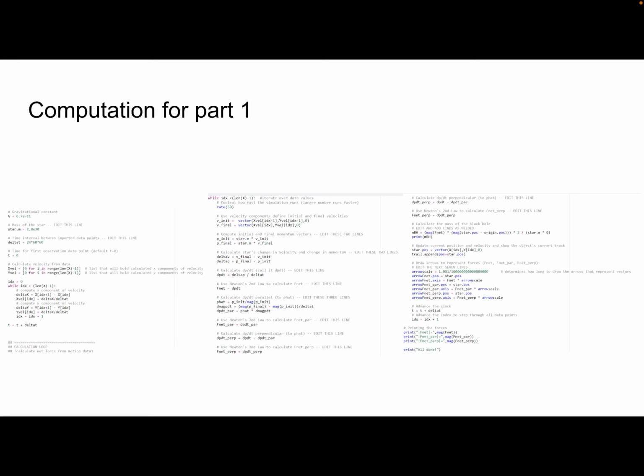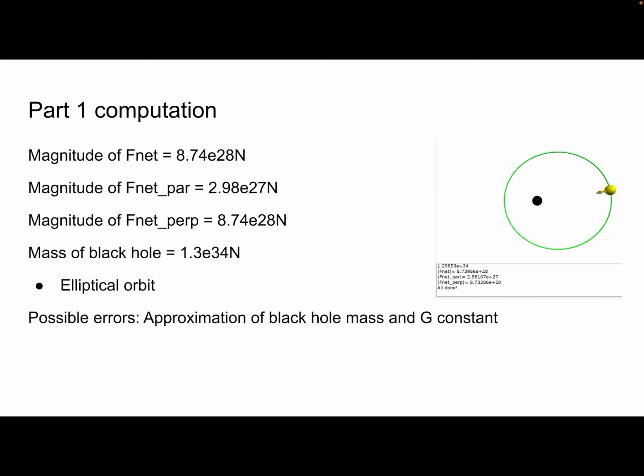So here are the first computational models that were used to get the results for part one. Most important is to note that the net force is just the derivative of momentum with time. And here in part one, we get the results. The magnitude of F net is 8.74 times 10 to the 28 newtons. The magnitude of F net parallel is 2.98 times 10 to the power 27 newtons.